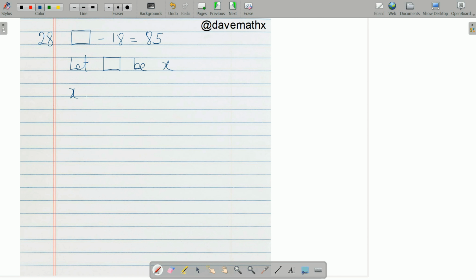We represent the box by x, and then we have x minus 18 equals 85.